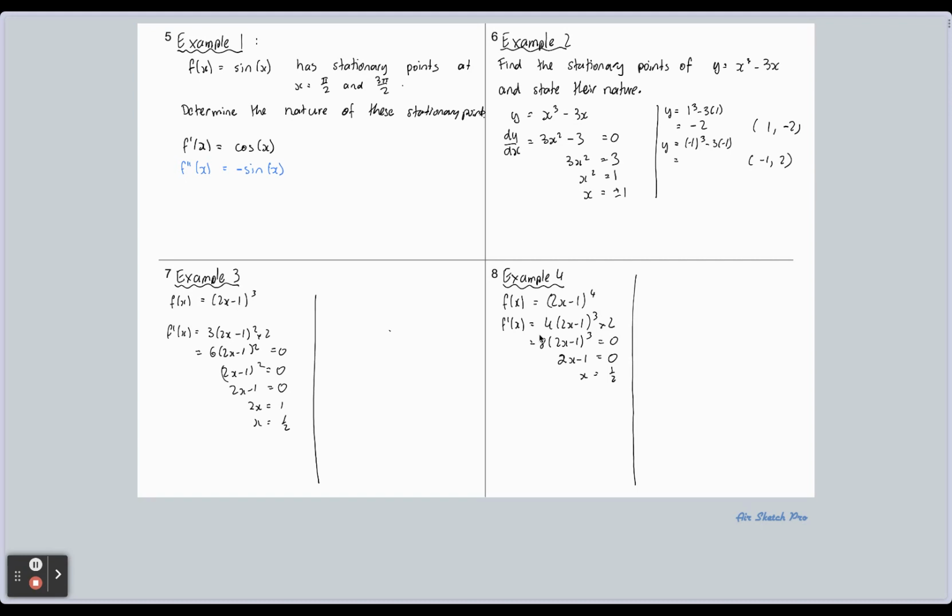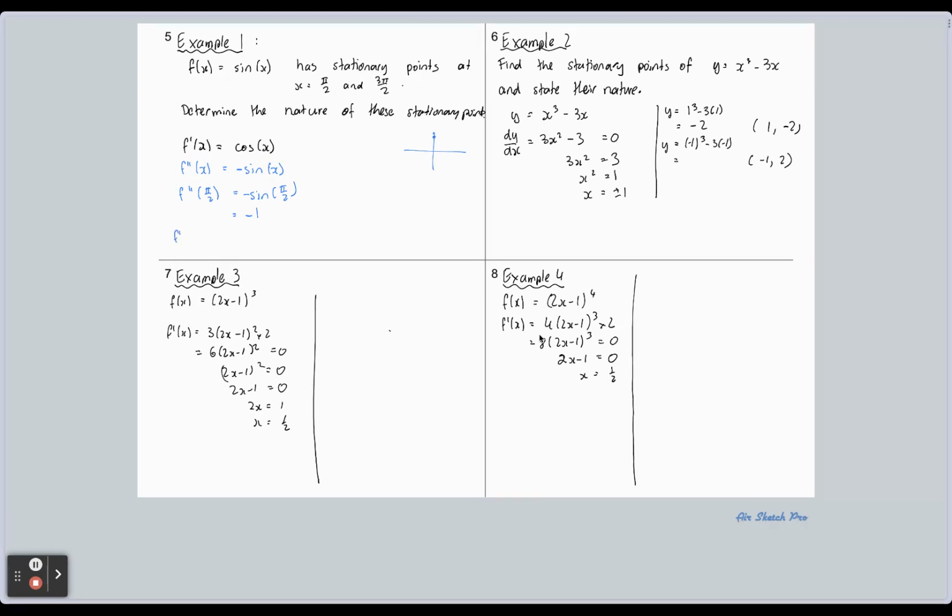I now evaluate at pi on 2 and 3 pi on 2 to see what's happening at f dash dash of x. So f dash dash of pi on 2 is equal to negative sine of pi on 2, which is equal to negative 1. Pi on 2 is up here, so the sine of pi on 2 is 1, so negative sine pi on 2 is negative 1.